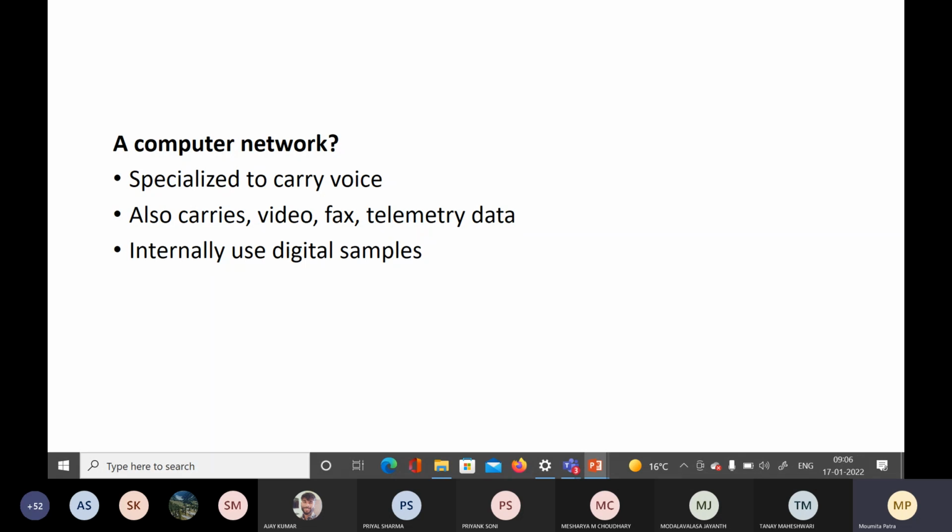And how does it send that? It uses digital samples to move the data. The data moves as a signal through the medium, and when it reaches the devices, we use digital sampling, and that digital data is used by the devices to know what the exact data was that was sent to you.